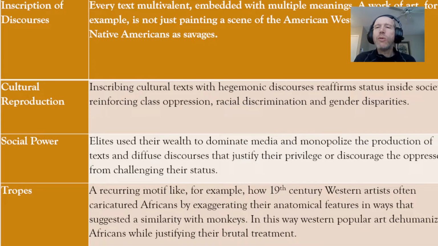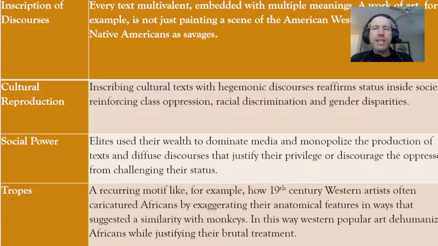So social power is analyzing how cultural reproduction is controlled by dominant groups and how they inject discourses into the masses or marginalized groups so that they accept the reality, the injustices of society.